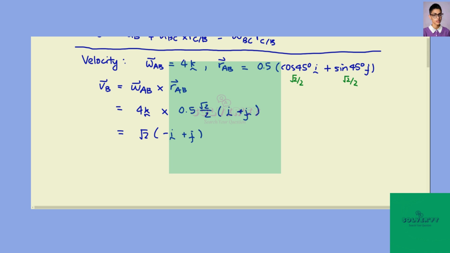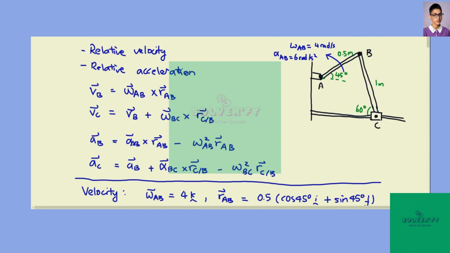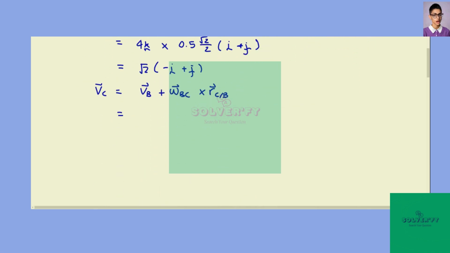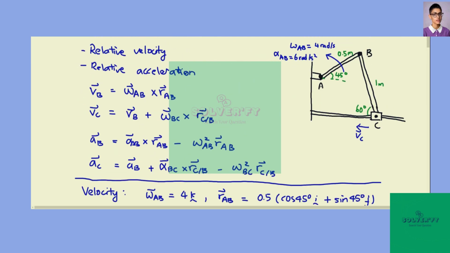Then VC is equal to VB plus omega BC cross RC relative to B. Looking at this situation, we expect VC to be pointing to the left, so we can write minus VC I. VB is square root 2 times (minus I plus J).